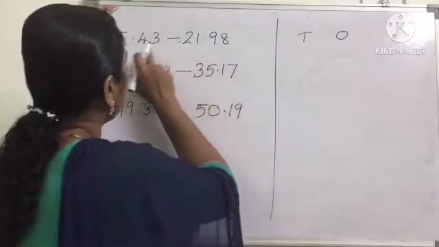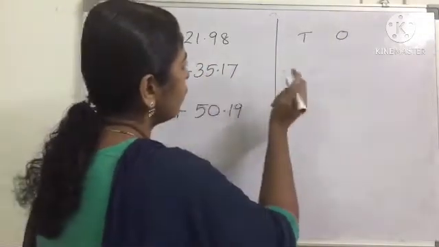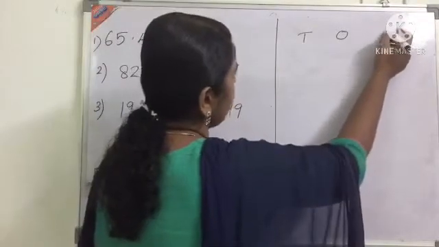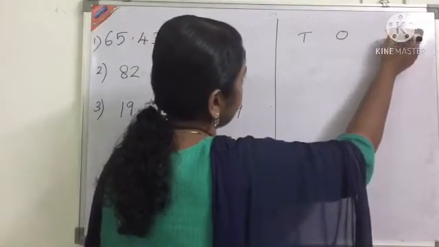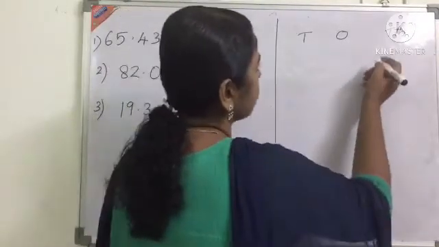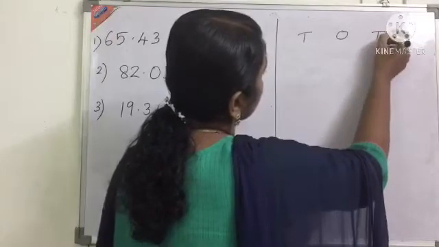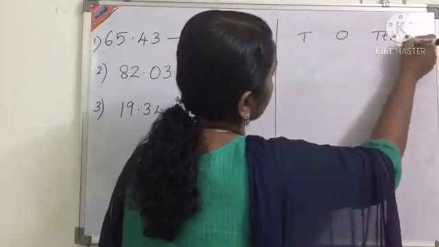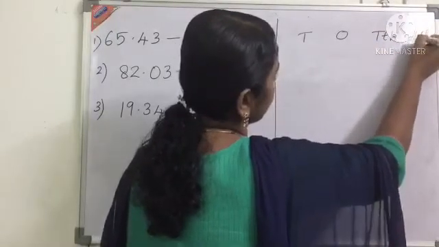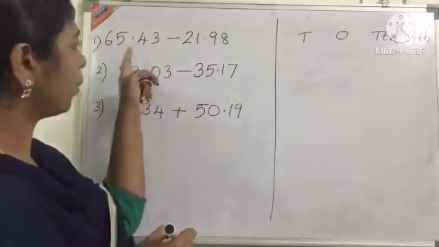After that in the decimal part also 2 digits. So after giving a small space we can write tenths, TTH we can write, and hundredths. Here, first one, 65.43.